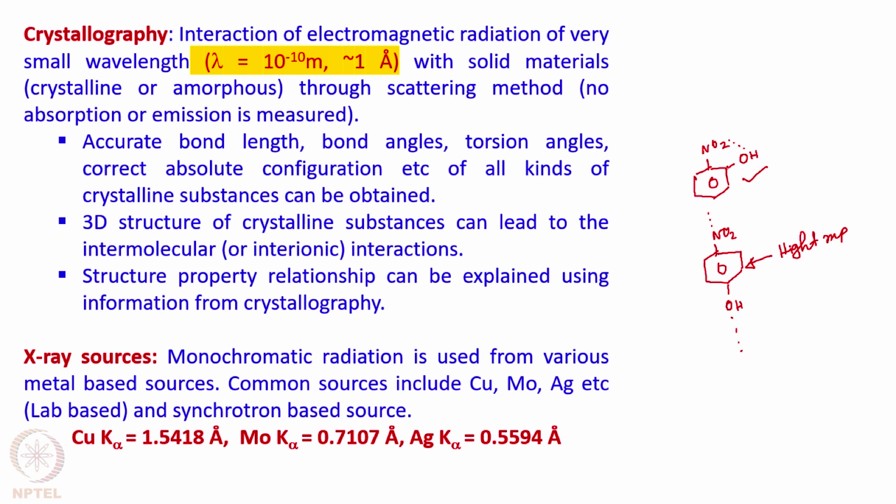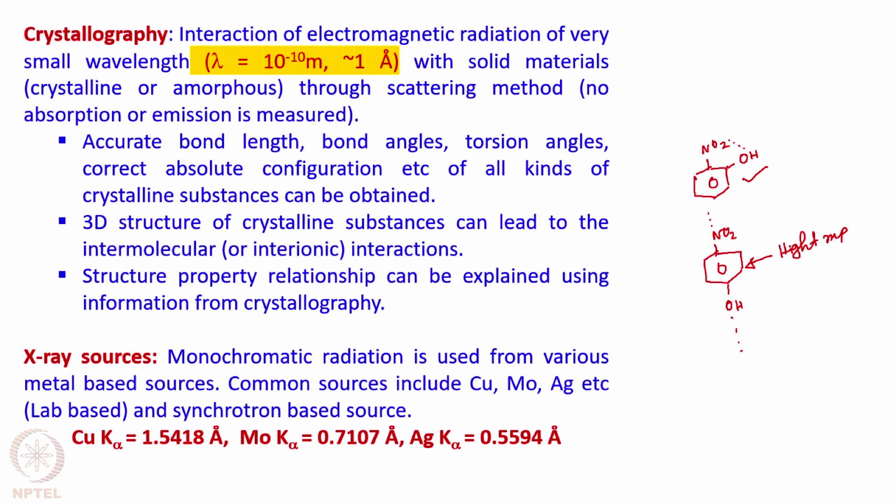For this purpose we need a particular type of X-ray source. What we need is a monochromatic radiation from various metal-based sources. Common sources include copper, molybdenum, silver, etc. These are lab-based sources, and there are also synchrotron-based sources. Here I have given some numbers which are important because we will be referring to these wavelengths very often.